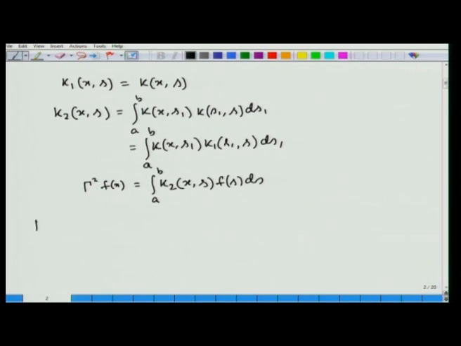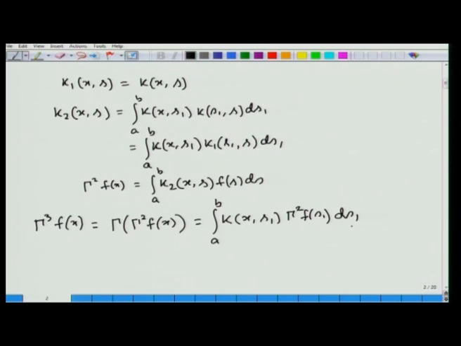Next, if we calculate Gamma 3 f(x) in terms of the iterated kernel, then we can find this Gamma is operating upon Gamma 2 f(x). Similarly, as previously, that is integral a to b k(x, s1) Gamma 2 f(s1) ds1.